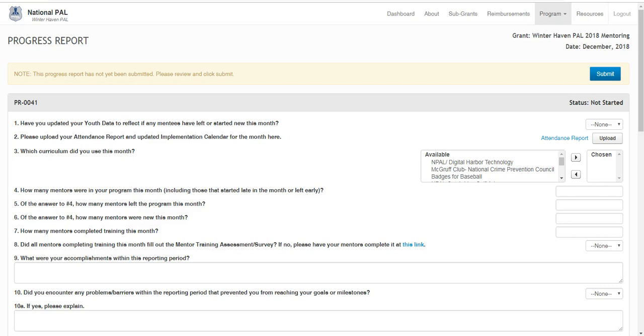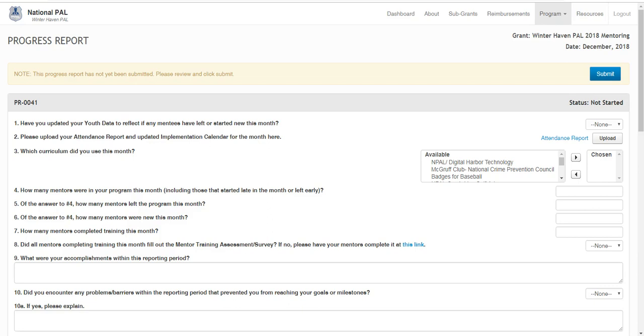connect them with the current grant, and then actually close them out as well. So all youth that have participated in your mentoring program should have their active status changed to inactive. Once they're inactive, you should select either did not complete the program or successfully completed the program, as well as the date that they did or did not complete.